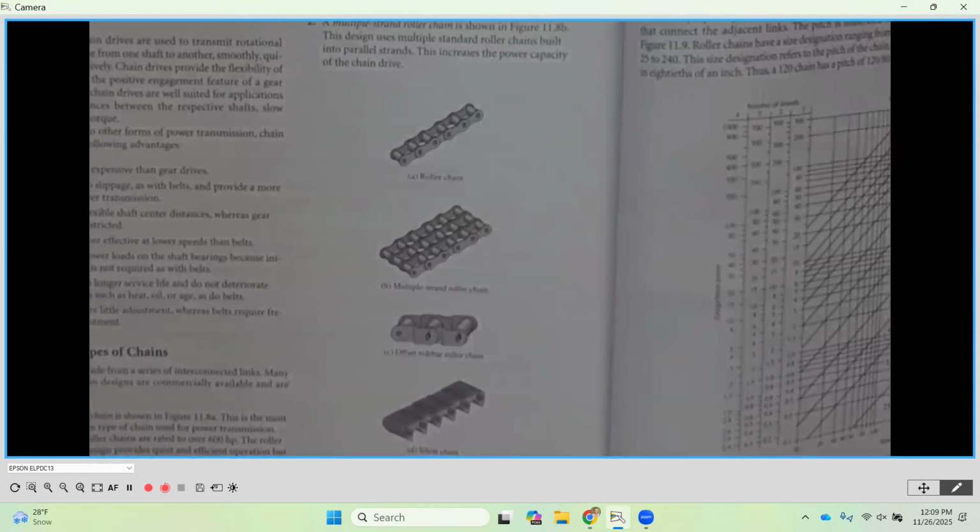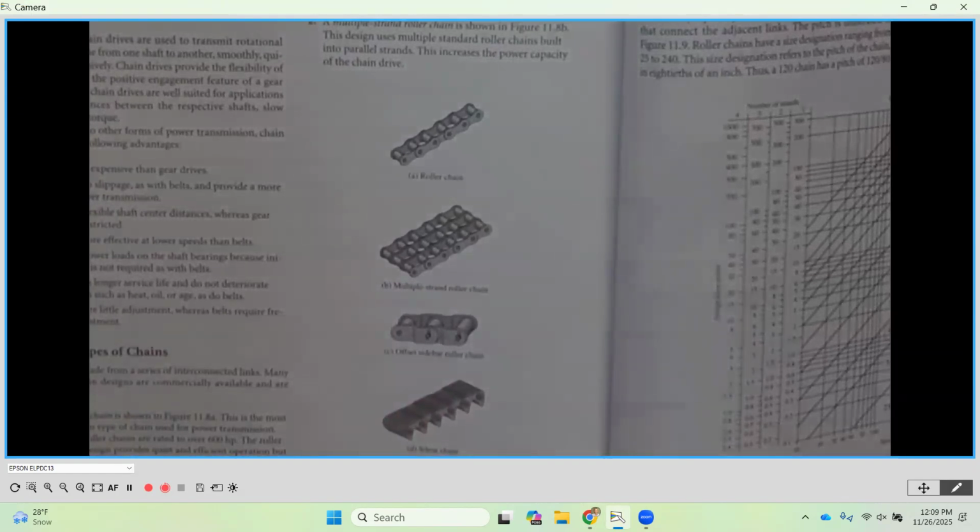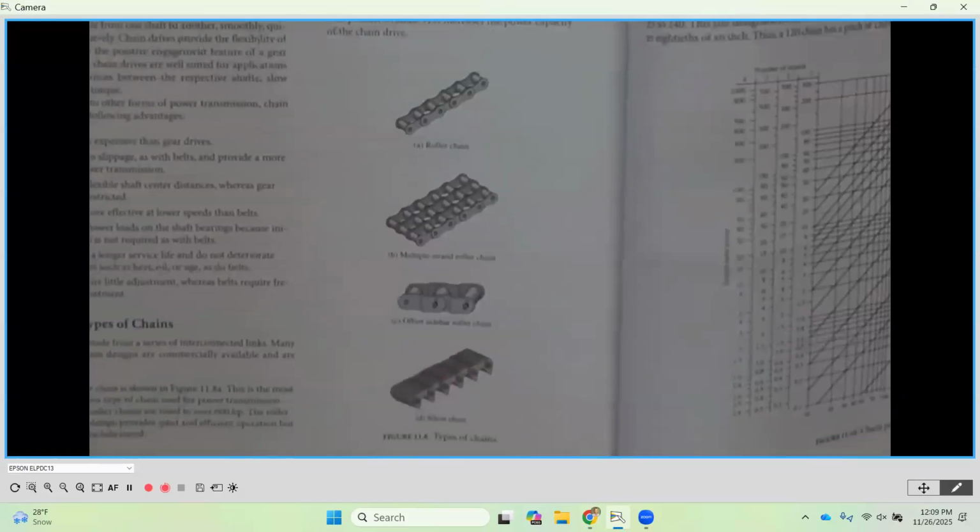It's not one-to-one, and we'll look at that a little bit later, but it does offer a little bit more strength without having to go up in chain sizes. The next one that we see here is called an offset sidebar roller chain. This is for heavier, chunkier, bigger applications. It has real high force and torque carrying capabilities, and it's usually meant for low speed applications.